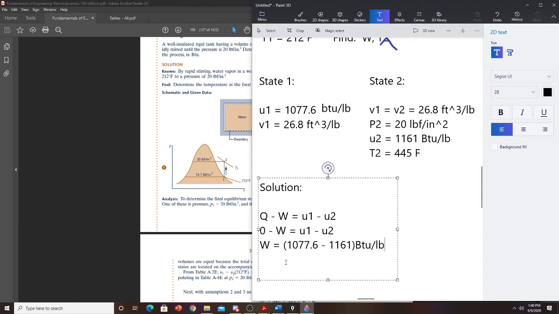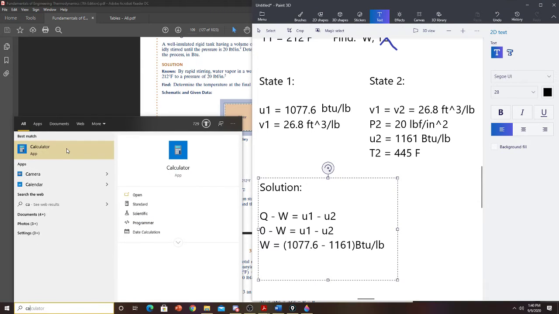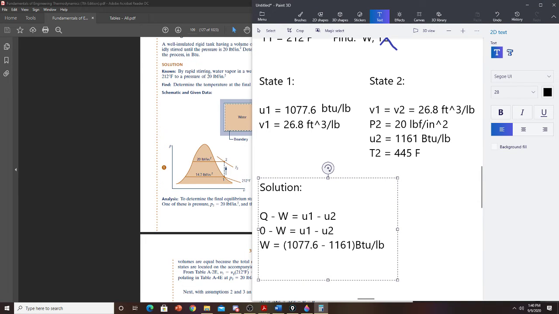So what? 17 or 16.4 or something like that? Something like that. Whatever it is, I don't know. I'll just pull up the calculator because I'm lazy and don't want to do that. 1077.6 minus 1161.